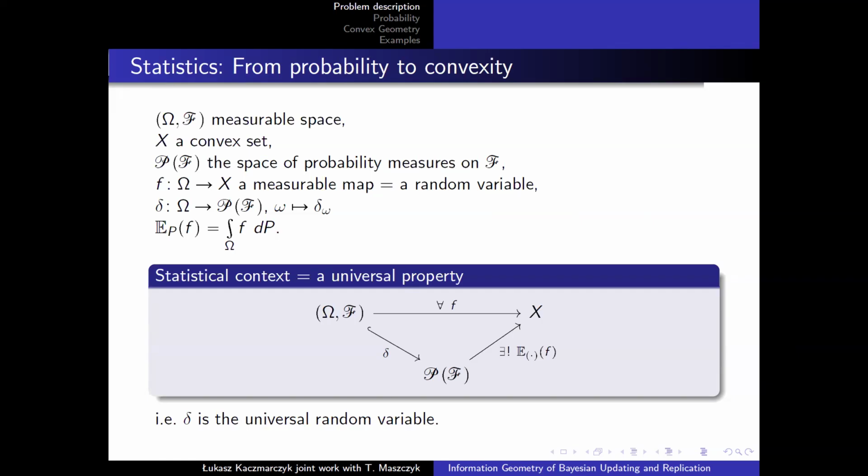Well, to put it shortly, because of the existence of a somewhat universal random variable that embeds the space of elementary events into the space of probability measures by simply assigning to each omega the delta measure focused on the singleton omega, we can translate uniquely the information carried by a measurable map F to a functional on measures that is simply taking expected values of this random variable, and the probability measure is the variable that varies through it. That's why we're zooming in on the space of probability measures on our sigma algebra F.